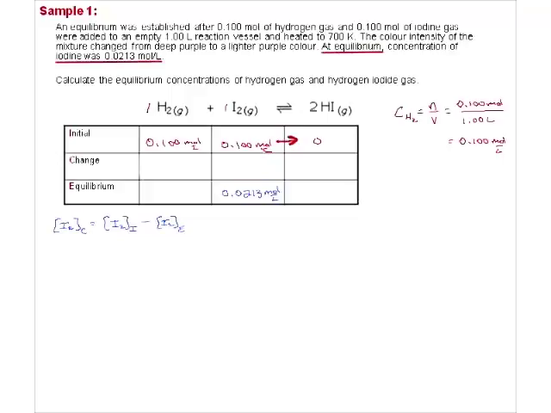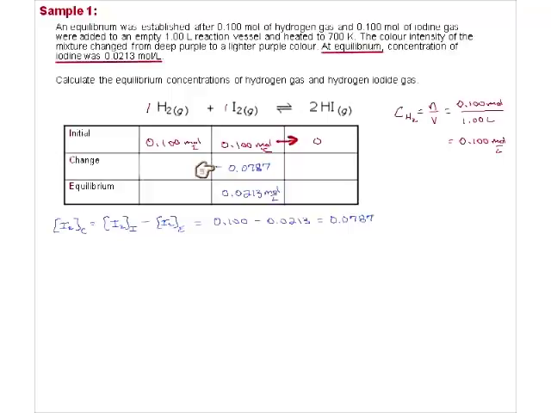So we'll subtract those two values, and lo and behold, we get 0.0787. So I'm going to pop that value in my ice table. There we go. Bang. So we're saying that the iodine went down by 0.0787 moles per liter.